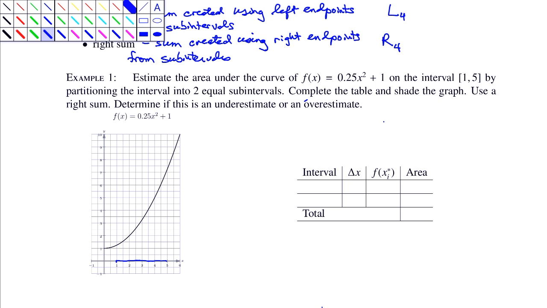And we want these to be equal, giving me a regular partition. What number between 1 and 5 would make the subintervals the same size? 3. All right. So we're going to go from 1 to 3 and 3 to 5. So your partition is big P, and we're going to write that as a set, 1, 3, and 5.